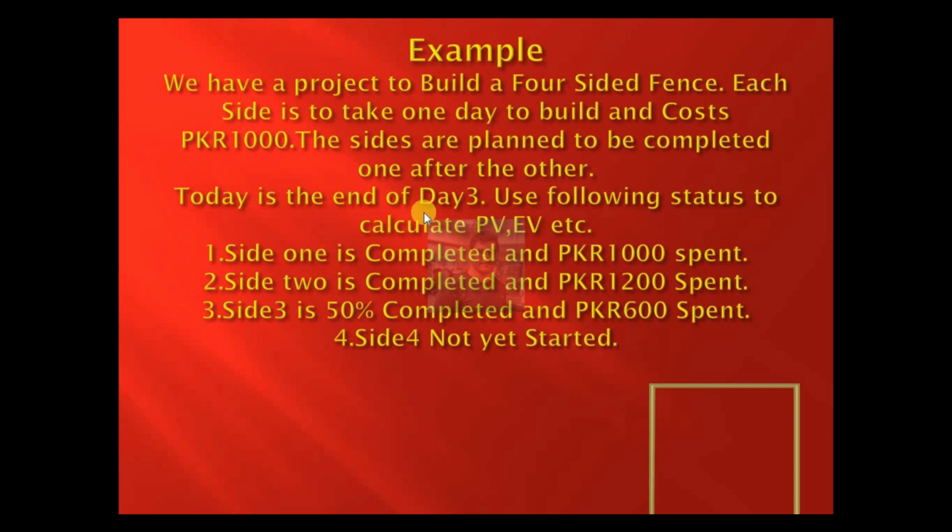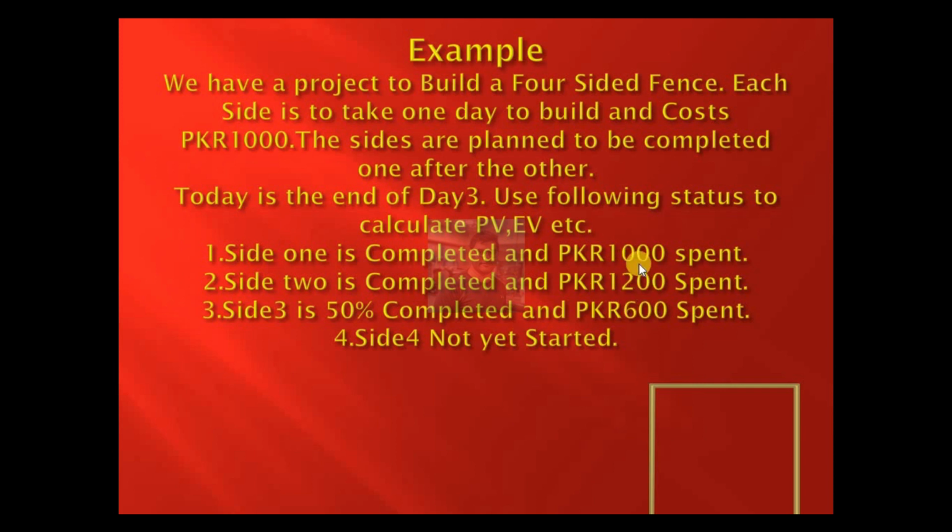One is planned value, we can take from here because today is the end of day 3. So by the end of day 3 we should have spent 3,000, that is 1,000, 1,000, 1,000. Three sides should have been completed, and three sides means 3,000. And actual cost you can take from here.